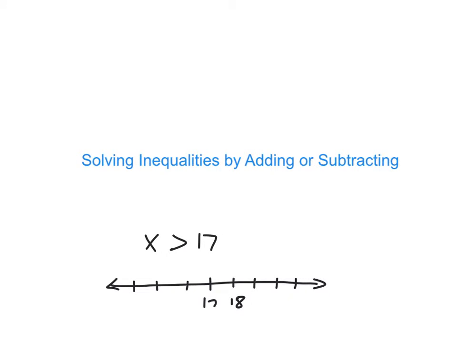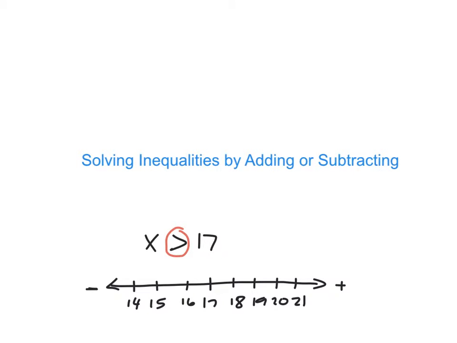and those tick marks are labeled with a scale. I like to put the boundary number right in the middle if I can, and then number these ticks accordingly. Remember, the numbers toward the negative side go left and the numbers toward the positive side go right. And then what we do to graph this is we look at the inequality symbol.